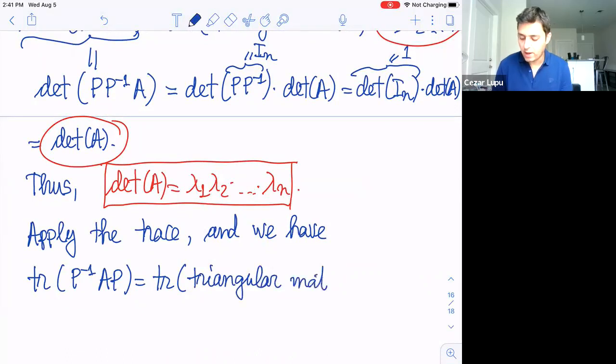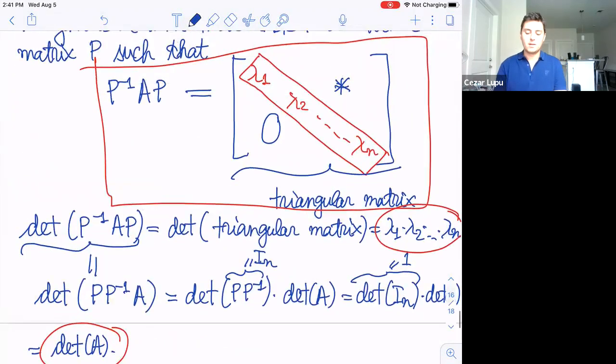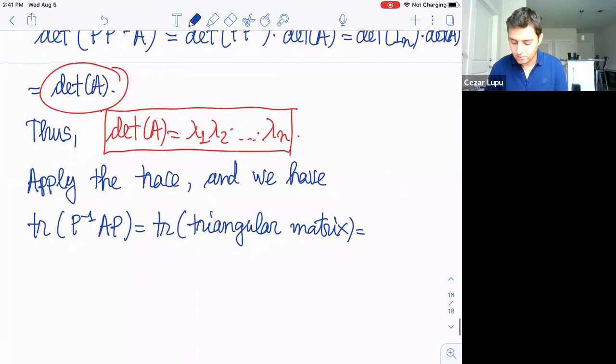The trace is always defined as the sum of the entries on the main diagonal. As you can see, on the main diagonal I have the eigenvalues. So it will be lambda 1 plus lambda 2 plus lambda n.